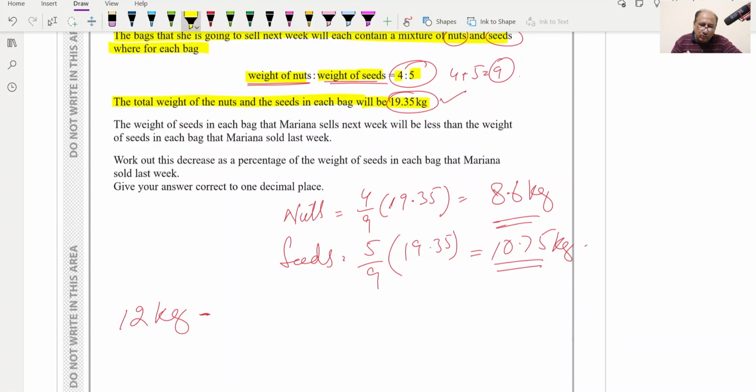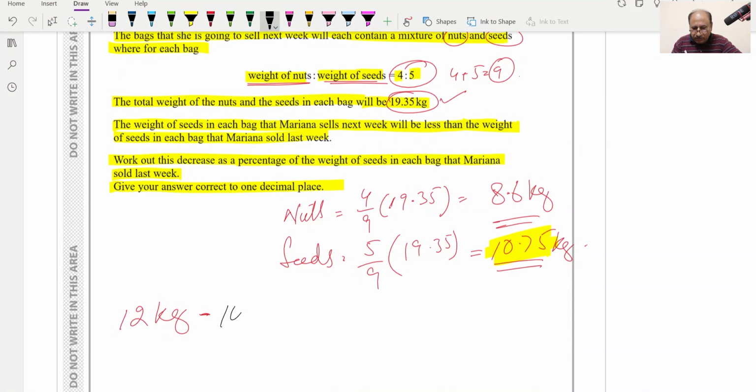Now we first will go through the rest of the question. The weight of the seeds in each bag that Mariana sells next week will be less than the weight of seeds in each bag that Mariana sold last week. Work out this decrease as a percentage of the weight of seeds in each bag sold last week. Give your answer correct to one decimal place. Now we will check how much is the reduction. Instead of 12 kg, now she will be giving 10.75 kg.